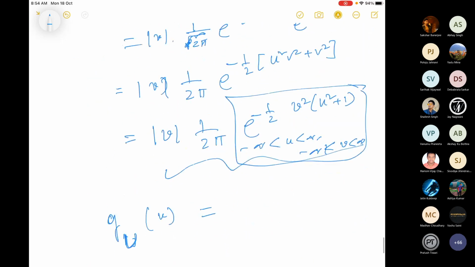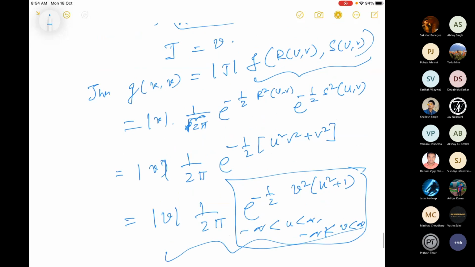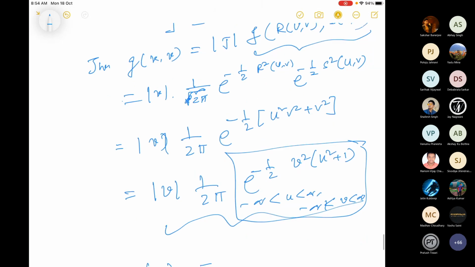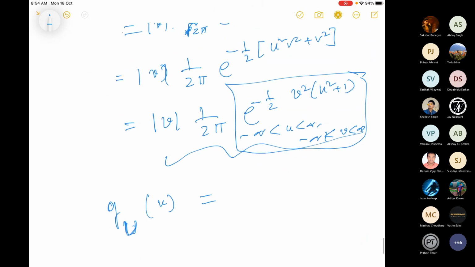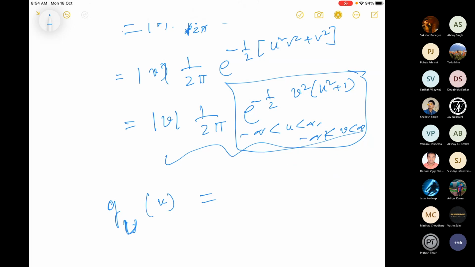So basically, this joint PDF is given to you. From here, I have to find out the PDF of marginal u. So what is the formula for marginal u? Does anybody remember? From the joint, how do you get the marginal? Sir, we will integrate from minus infinity to infinity. G U V dv. Good.